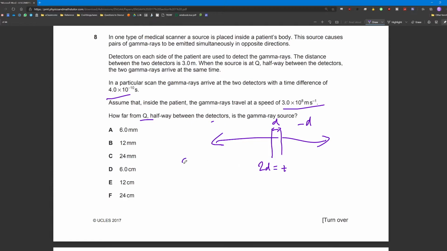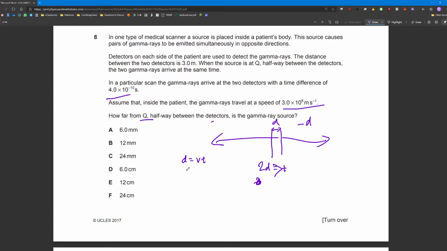And since d is vt for a constant v, where t is the time taken, you get, okay, 2d is traveled in t.